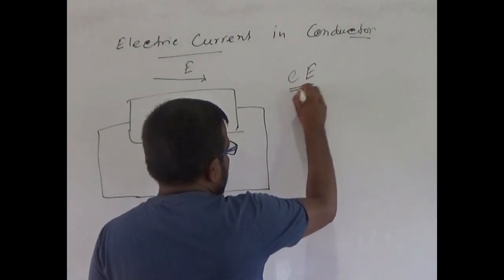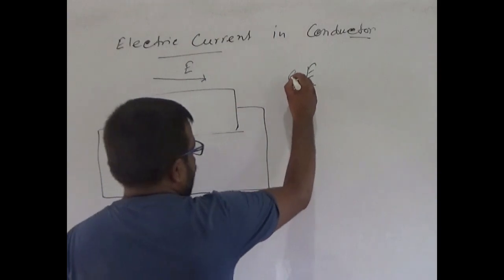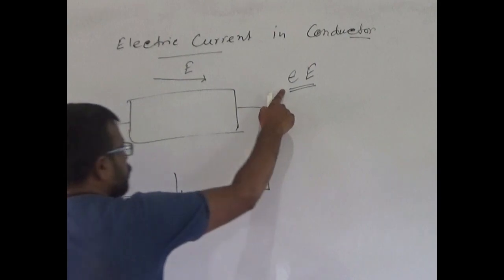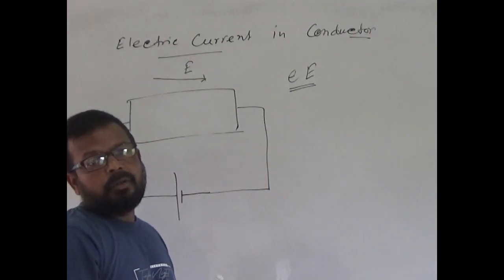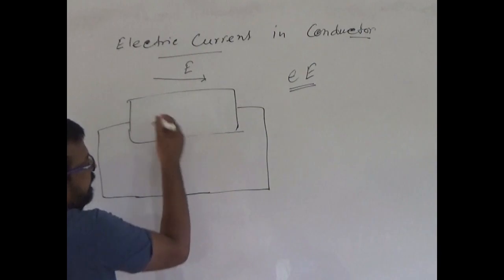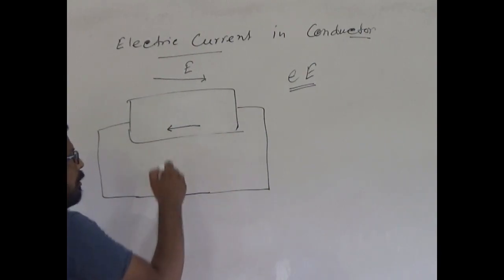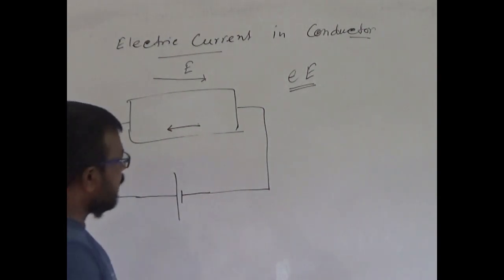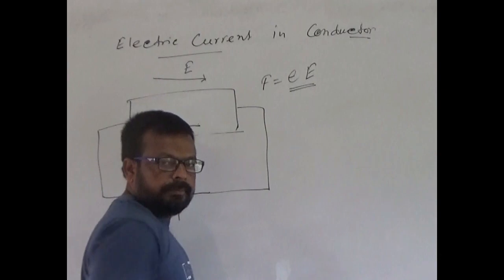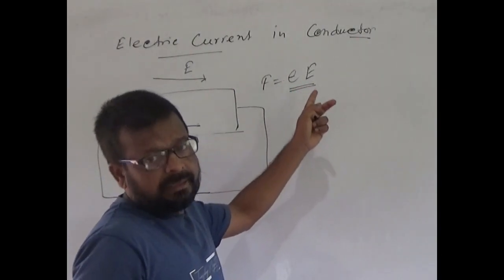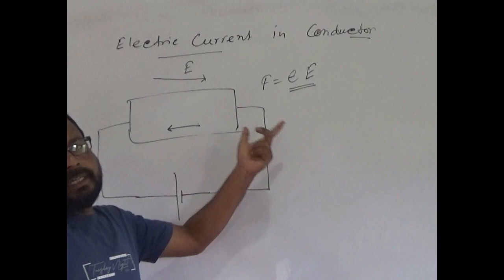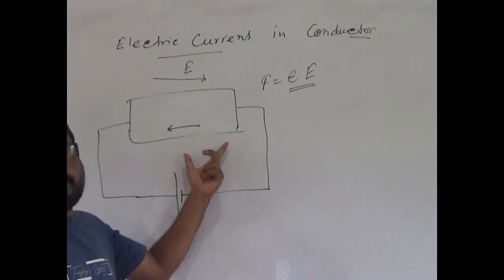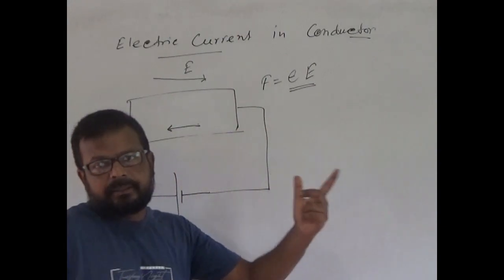Every free electron experiences this force. Since the charge is negative, the force will be in a direction opposite to the applied electric field. You could put a minus sign here, but that only indicates the direction of the force. We have already said that the direction of the force is opposite to the applied electric field.